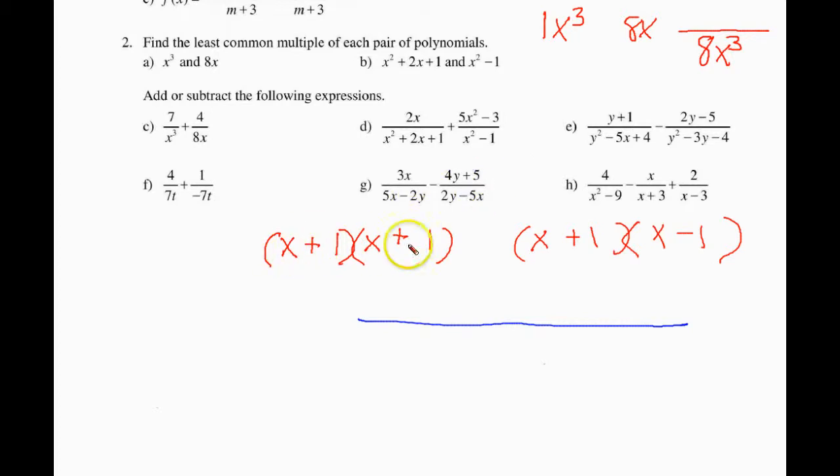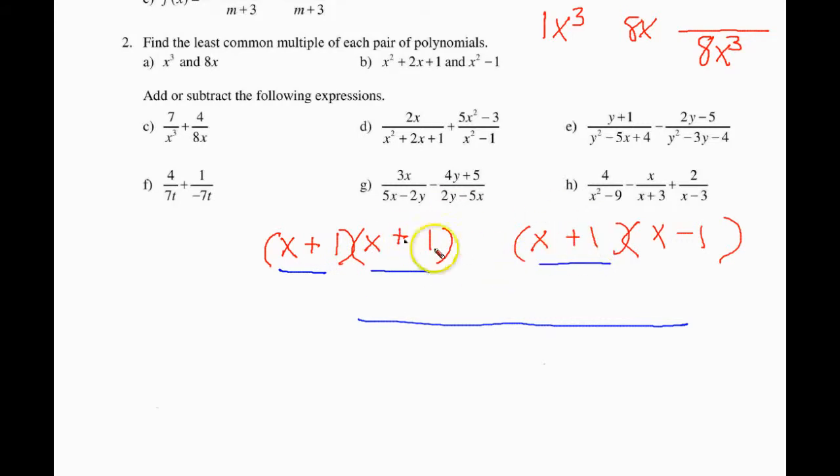This is a factorization. This is a factorization. You might say it's used once, twice, and here it's used once.